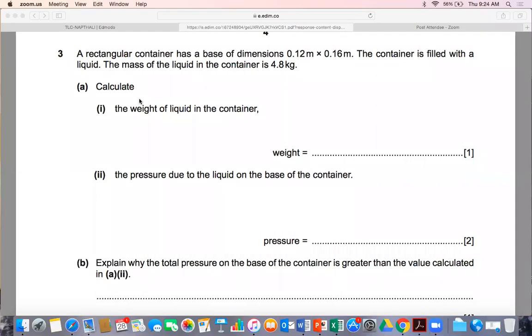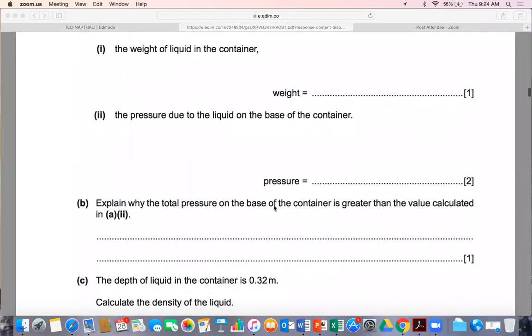Let's go on to the next one. So that's the pressure. Explain why the total pressure on the base of the container is greater than the value calculated. The calculated value is 2500, but the total pressure on the base of the container is greater than the calculated value. Why?